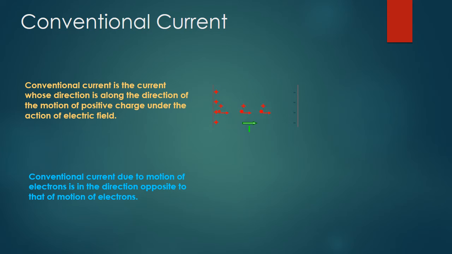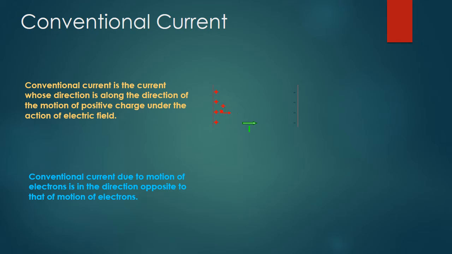for simplicity, for our convenience, we consider that electric current flows from the positive terminal to the negative terminal through the conductor, as the positive terminal is considered at higher potential and the negative terminal is considered at lower potential.